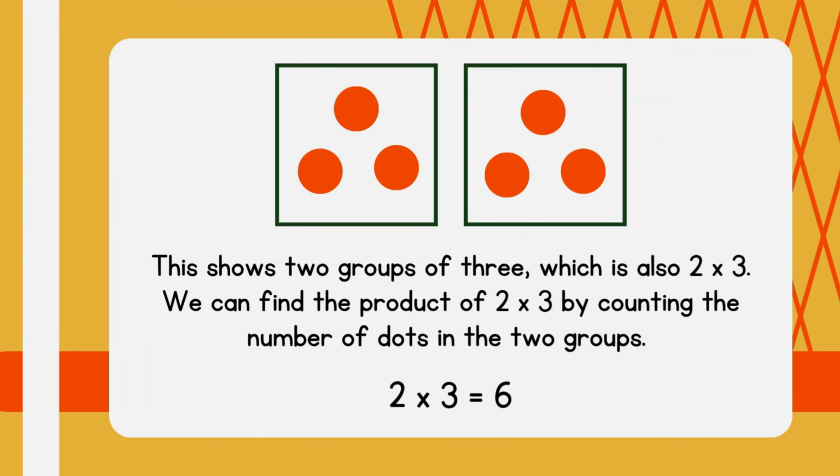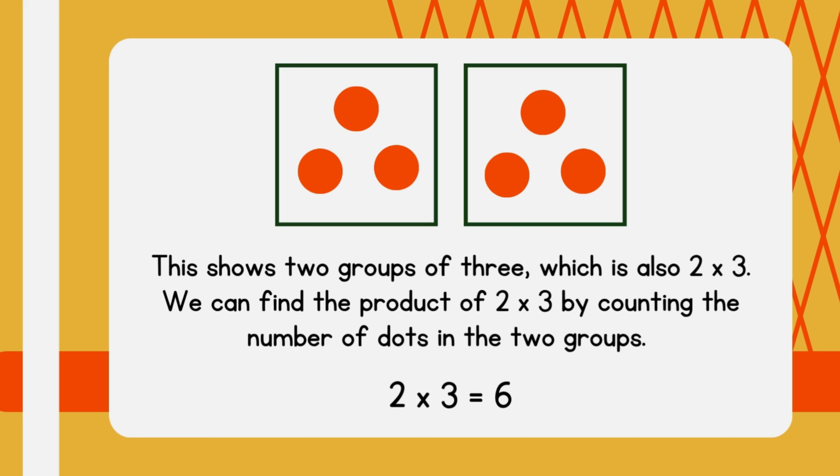Now this model, which was the same as the last one, shows 2 groups of 3, which is also 2 times 3. We can find the product of 2 times 3 by counting the number of dots in the 2 groups. 2 times 3 equals 6. So let me explain this much more deeply. You can see 2 boxes, which stands for the 2 in 2 times 3.